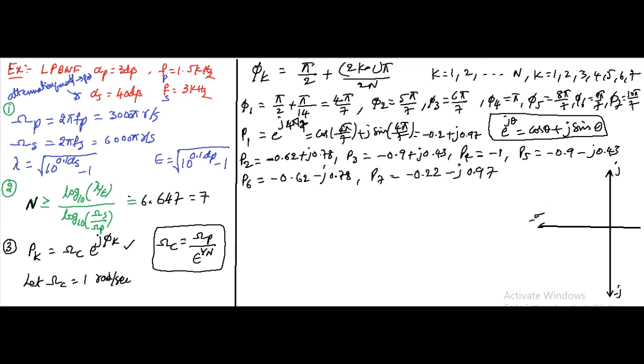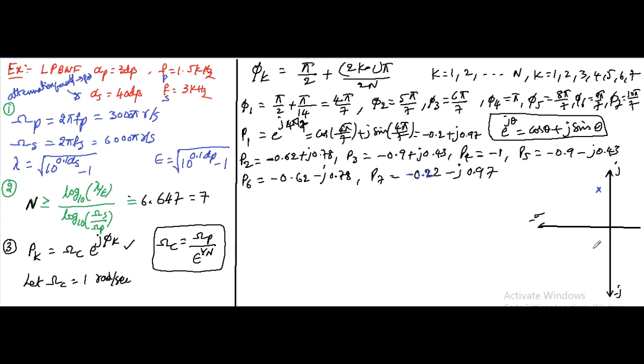So if you locate all these poles here, suppose I am taking P1 pole minus 0.2 j 0.7, so let us assume this is here, right? And exactly one more value also there, P7, which is minus 0.2 minus j 0.97.